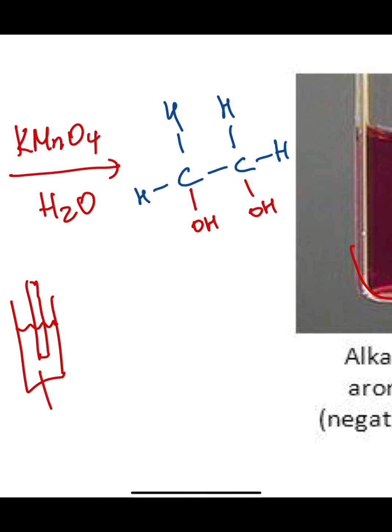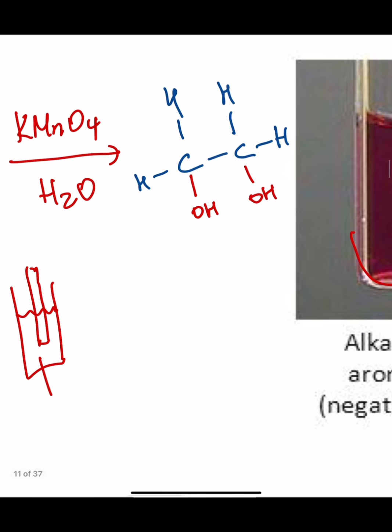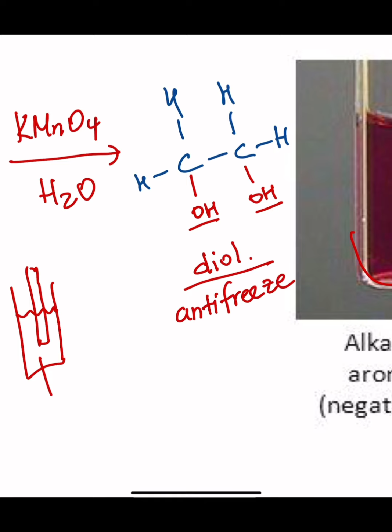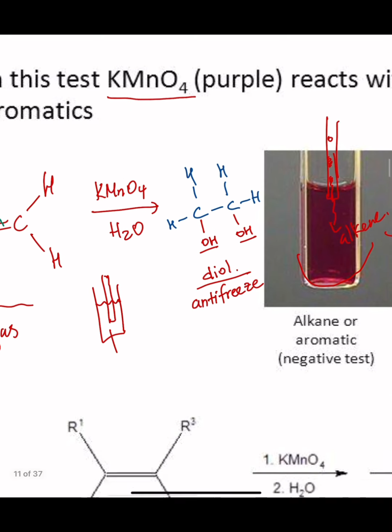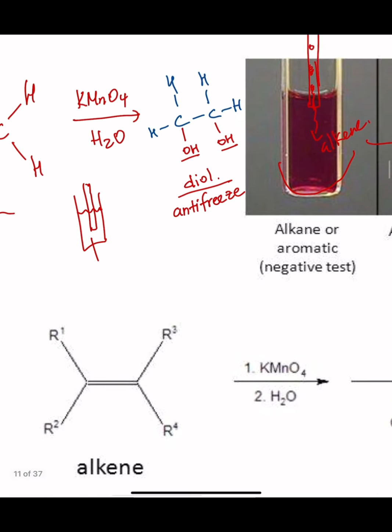We made an alcohol, but because it has two OHs, it's called a diol. And this is actually an antifreeze. You put this in your car if you want to keep your car cool, because the engine overheats, so you want to cool it down, right? So this is the product.